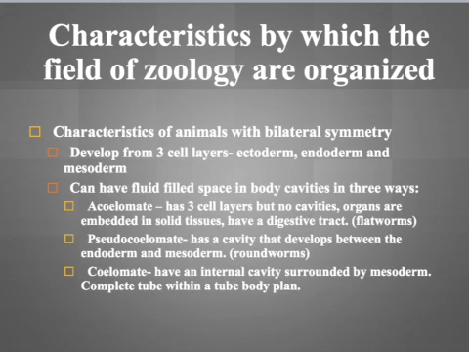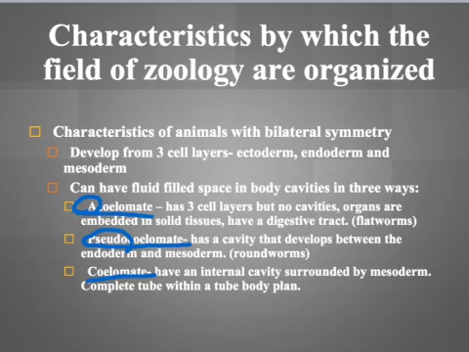Other organisms tend to have either part of those or not those at all. So we have three major different cavity-filled spaces. We have an acoelomate, so coelom is going to be the fluid-filled space. We have a pseudocoelomate, and we have a coelomate. So we know that a means without, pseudo means false, and then you have one with that actual fluid-filled cavity.